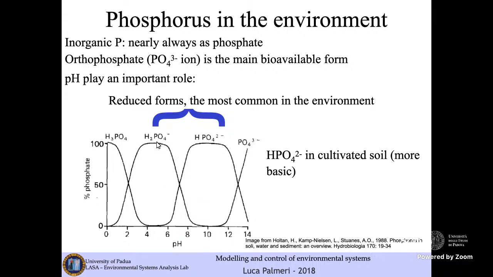In particular, the equilibrium is pushed toward the H2PO4- form when you have a pH in the environment in the range between 4 and 5, let's say, or the equilibrium will be pushed toward HPO4 2- if you have pH in the range 9 to 11.